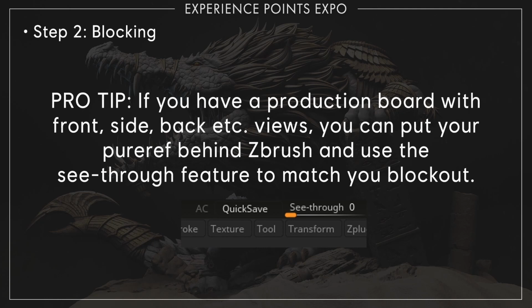ZBrush has a neat slider that you can use to make ZBrush transparent, so you will see what is behind your ZBrush. And you could align your mesh with the 2D concept to try to match all the elements. It's just a quality of life thing.